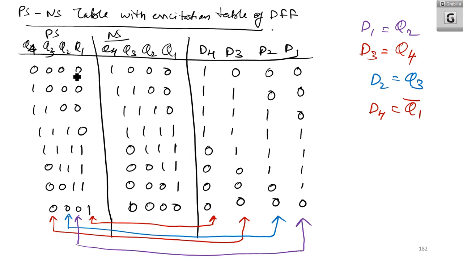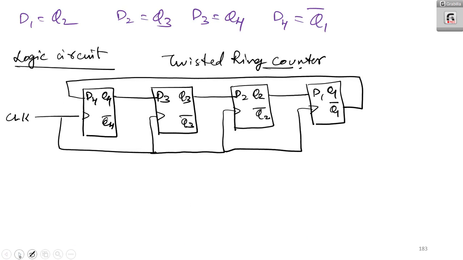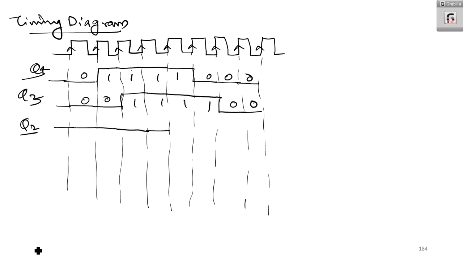Sorry, there is a doubt. Q2 will be 3 zeros, then 1 1 1 1 1, then it goes to 0, then 1 1 1 1 0, and goes like that.